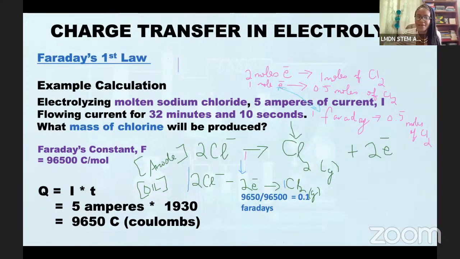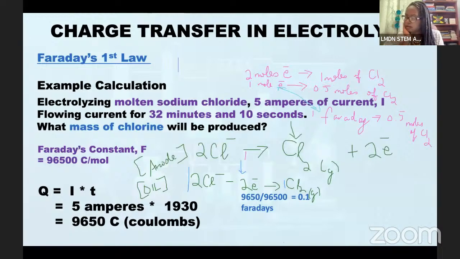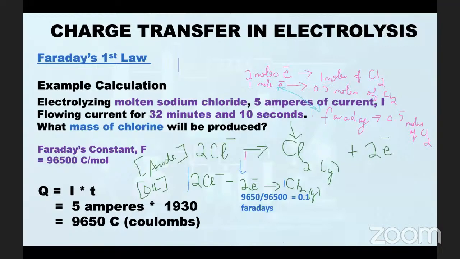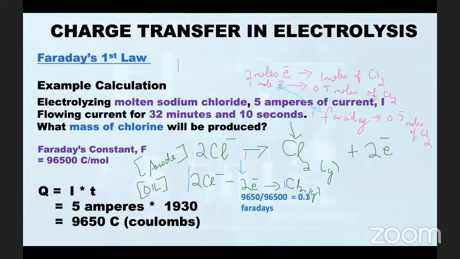Does anybody have an answer? This will be 0.5 times 0.1, which will give 0.05 moles of chlorine. Okay, that's exactly right.